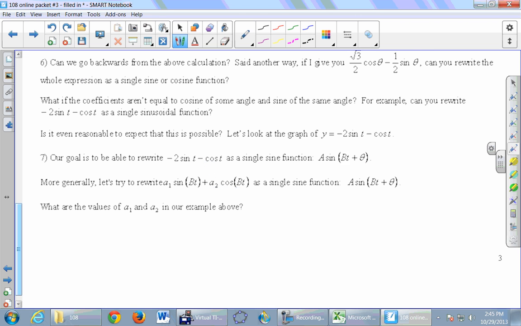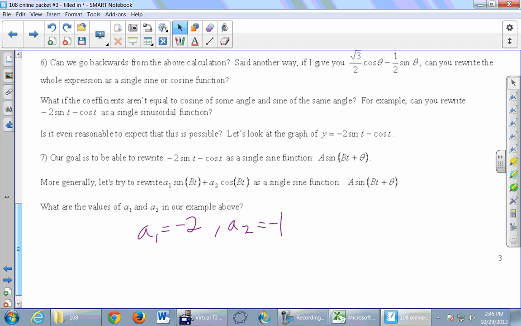So I think I just answered this question here. a1 is the thing touching the sine, which is -2. a2 is touching the cosine, that's -1. So our job is to try to rewrite this complicated looking thing, which will be given to us, like this. Finding A, finding theta. I guess that b is probably given as well. It's whatever number is in there.